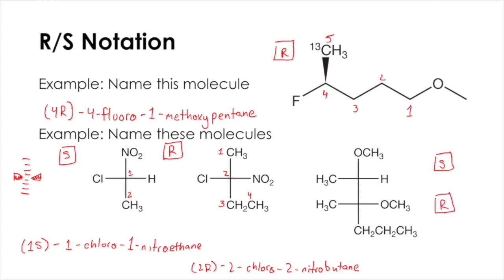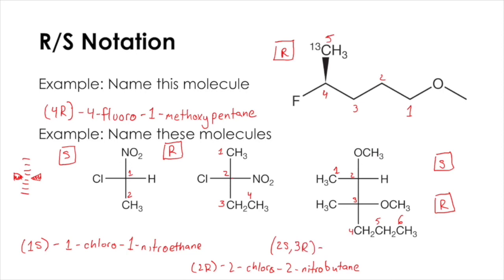And so now when we name it, we have to make sure to account for both chiral centers. So the longest chain is going to start here. It's 6 carbons long, and so we have 2S, 3R.